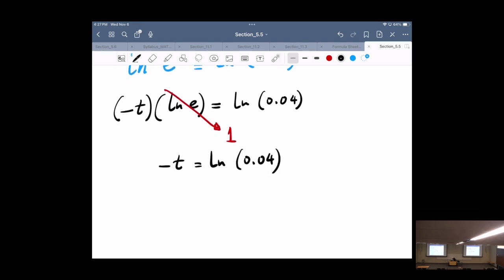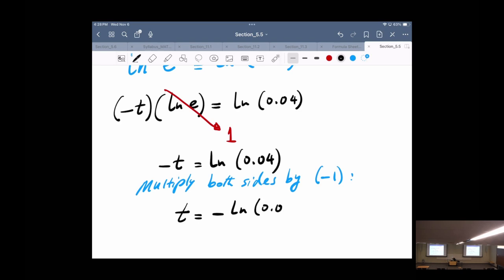In order to solve for t, you can multiply both sides by -1, and what do we get? We get t on the left, and minus natural log of 0.04 on the right. So that's a solution.